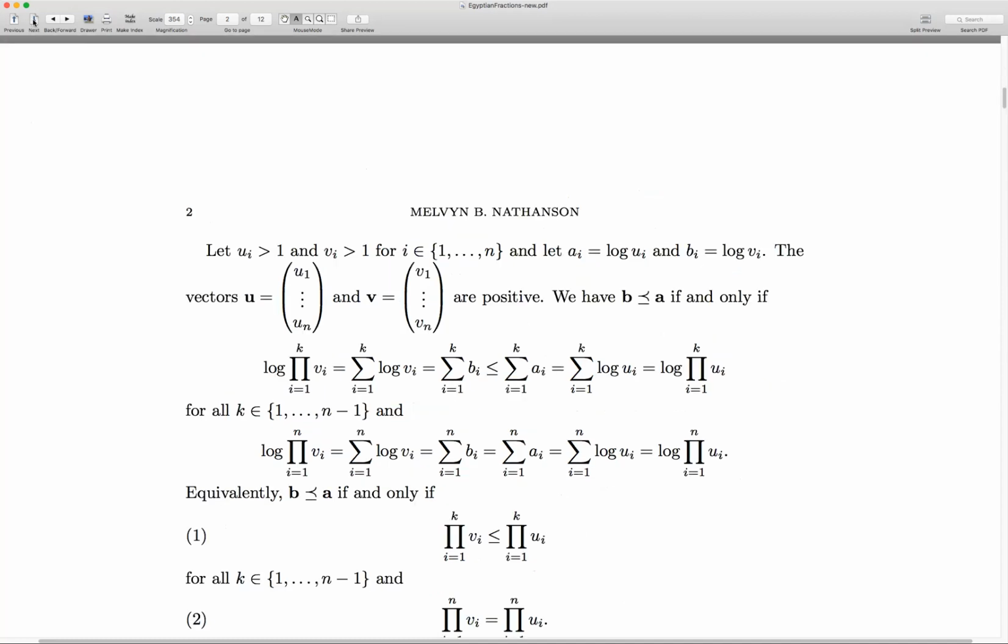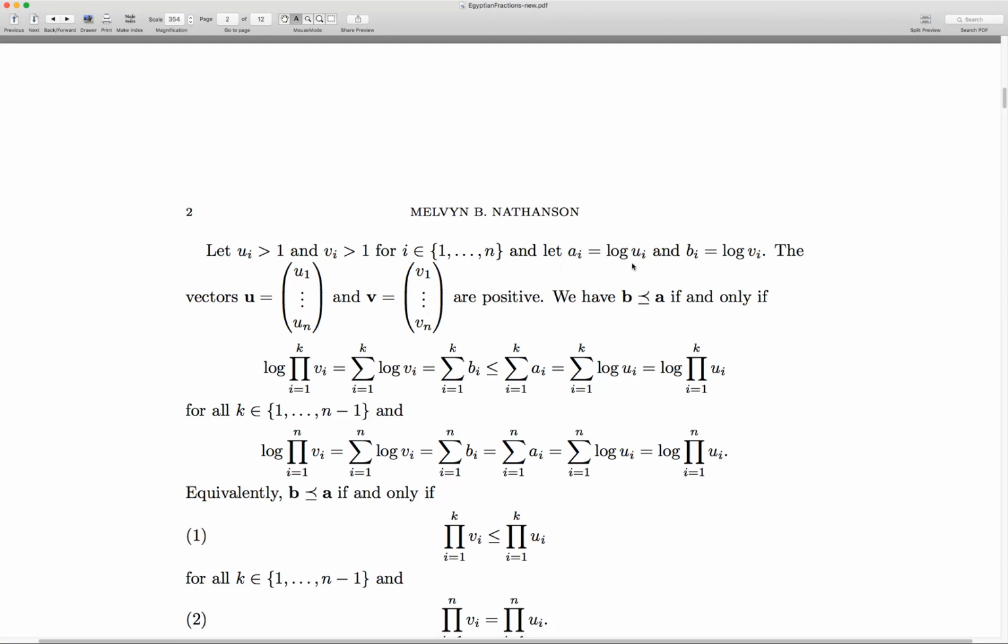And we can specialize it a little bit more as follows. If I take n numbers ui and vi, all bigger than 1, and I let ai and bi be their logarithms. So if these numbers are bigger than 1, the logs are strictly positive. Just positive is enough, or non-negative, but they're positive in any case. So I have these two positive vectors, and from the vectors u and v, I get vectors a and b.